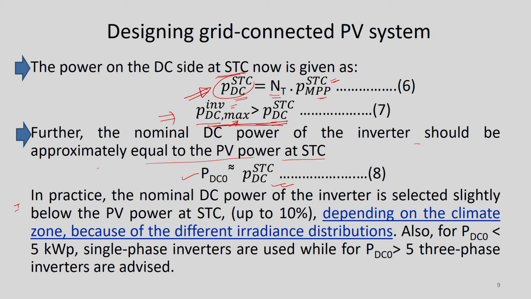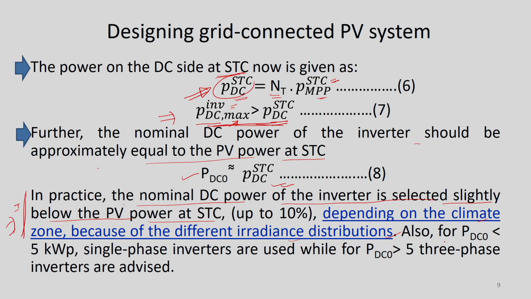So, in practice, the nominal DC power of the inverter is selected slightly below the PV power at STC, depending upon the climatic zone, because of the different irradiance distribution. So, this is very, very important.